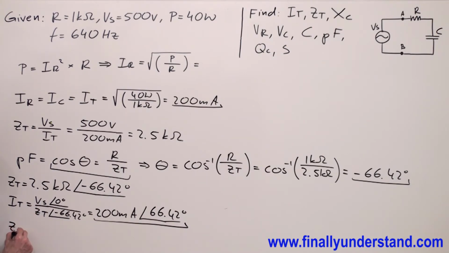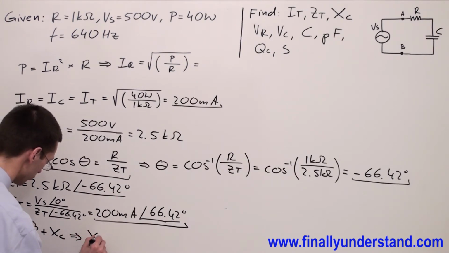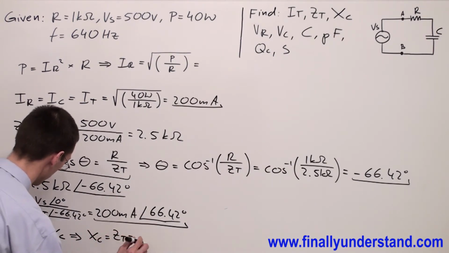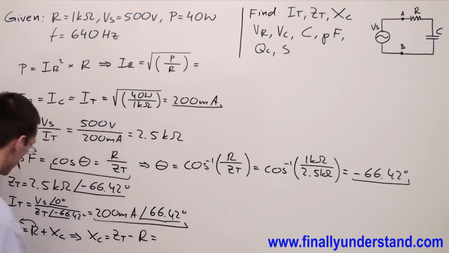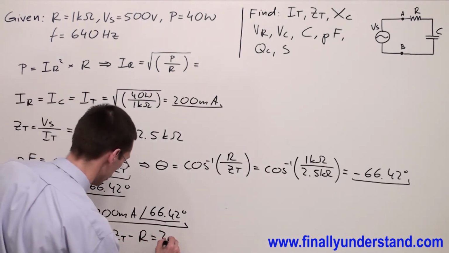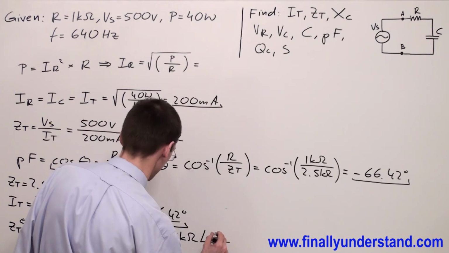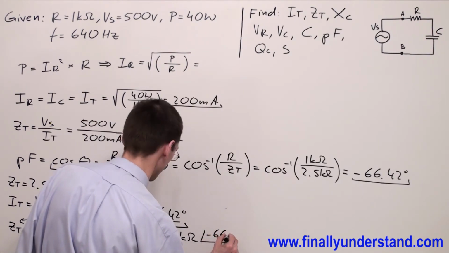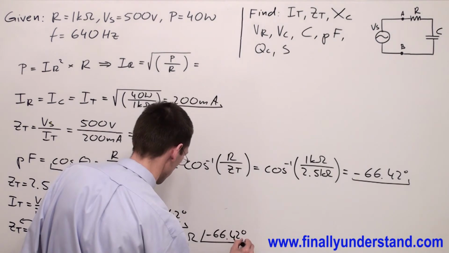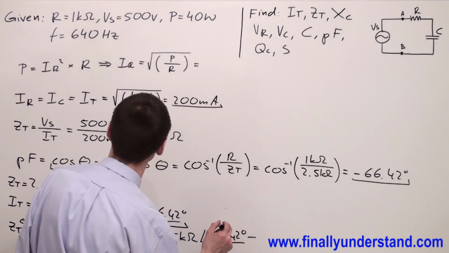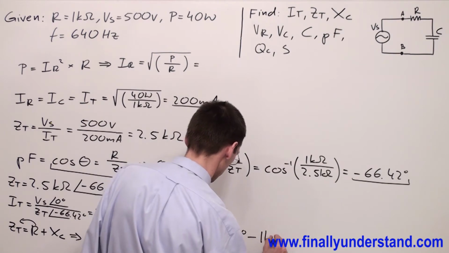So Z total for a series circuit is R plus X of C. In order to find X of C, we're supposed to move R to the other side, and we are going to obtain the formula X of C equals Z total minus R, where Z total is 2.5 kiloohms and angle of negative 66.42 degrees, minus R, which is equal to 1 kilo.